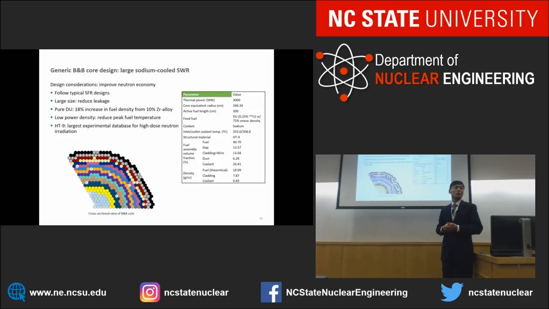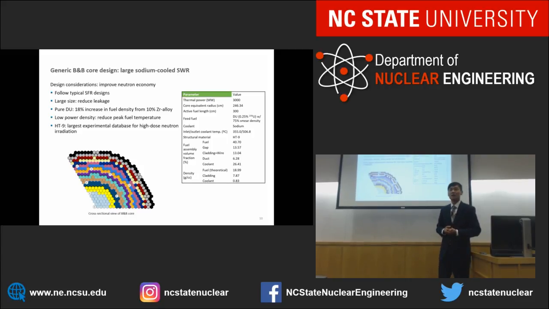We don't want to lose them, either by absorption or leakage. So we're going to choose a large core size to reduce the leakage. We're going to use depleted uranium metal as the fuel so that we can maximize the fuel loading. And as a result, we want to lower the power density of the core to reduce the peak fuel temperature.